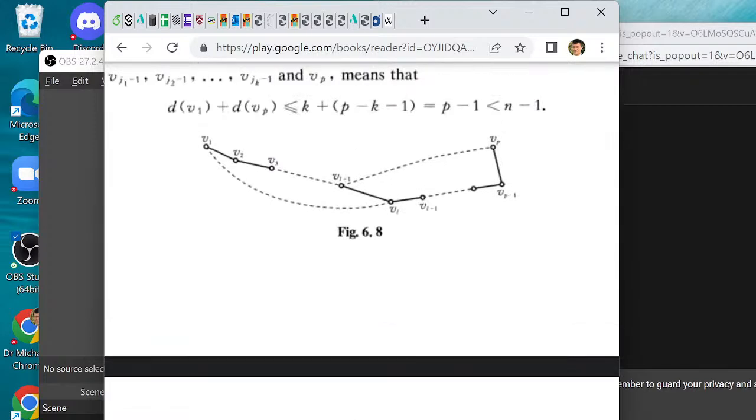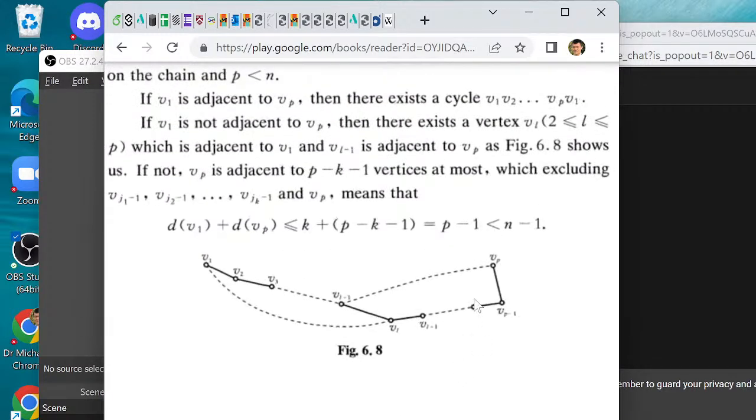So this does appear to be a Hamiltonian cycle, with no repeating vertices here.